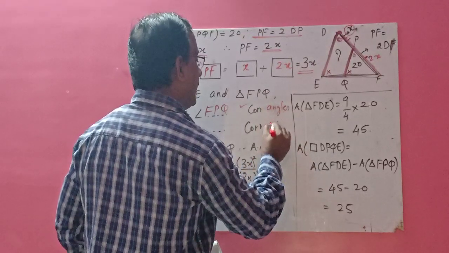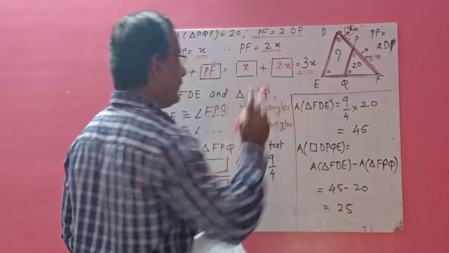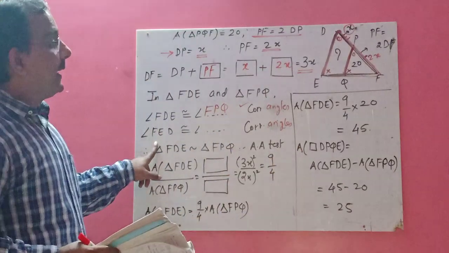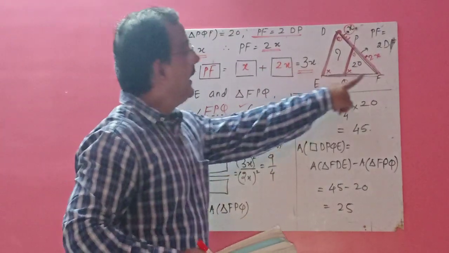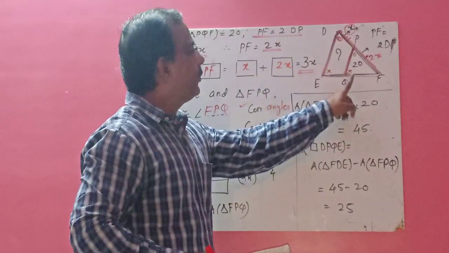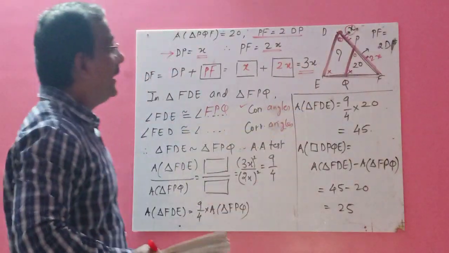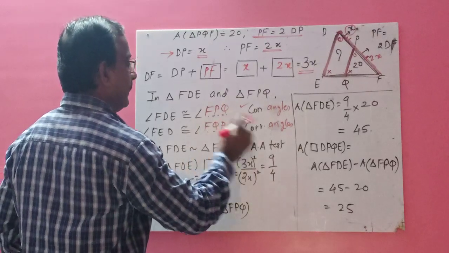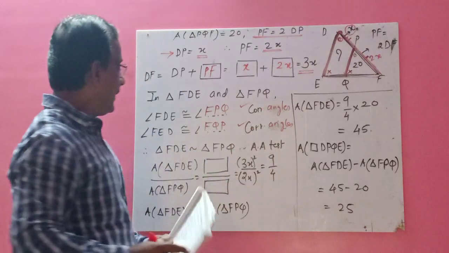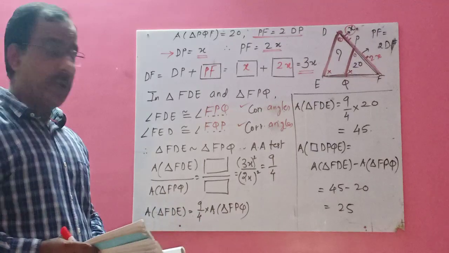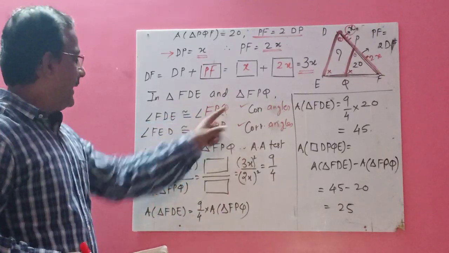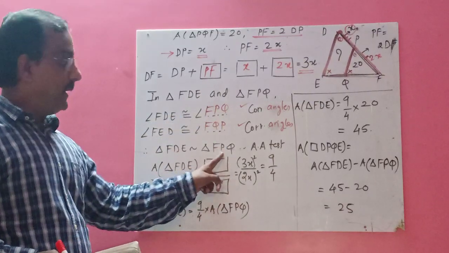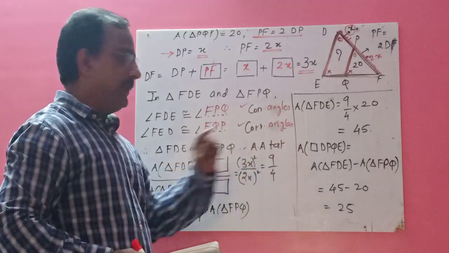Here also corresponding angles. Similarly, angle FED, this cross one, is congruent to this one, so angle FQP, same reason, corresponding angles. Therefore I can say that these 2 triangles are similar by the AA test of similarity.